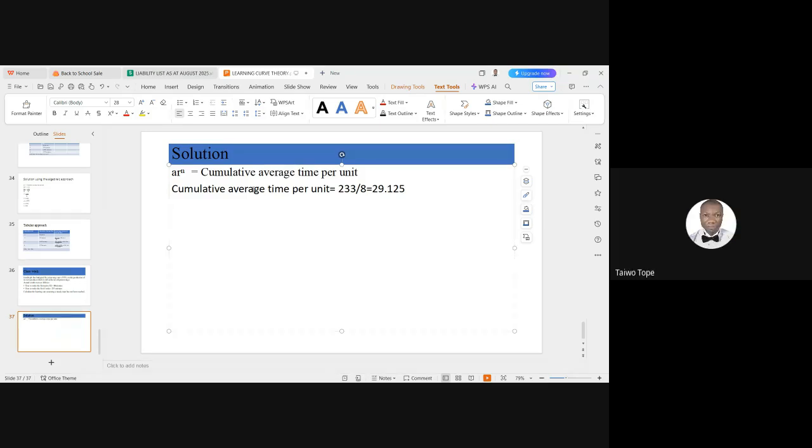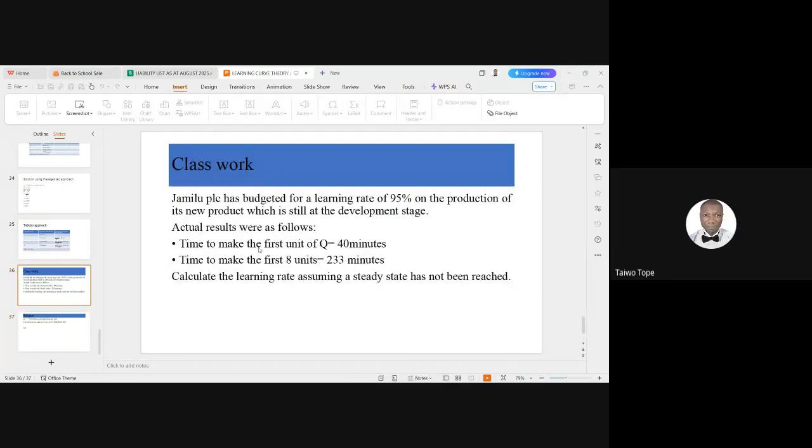A is what from the question? A is 40. And your N will be what? N is 3. How do you determine 3?